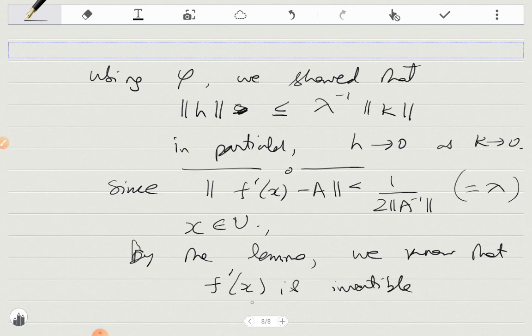So this is what I said in the lecture, that the open set U that we had chosen was such that it will guarantee that for any x in that open set, the derivative still continues to be invertible.